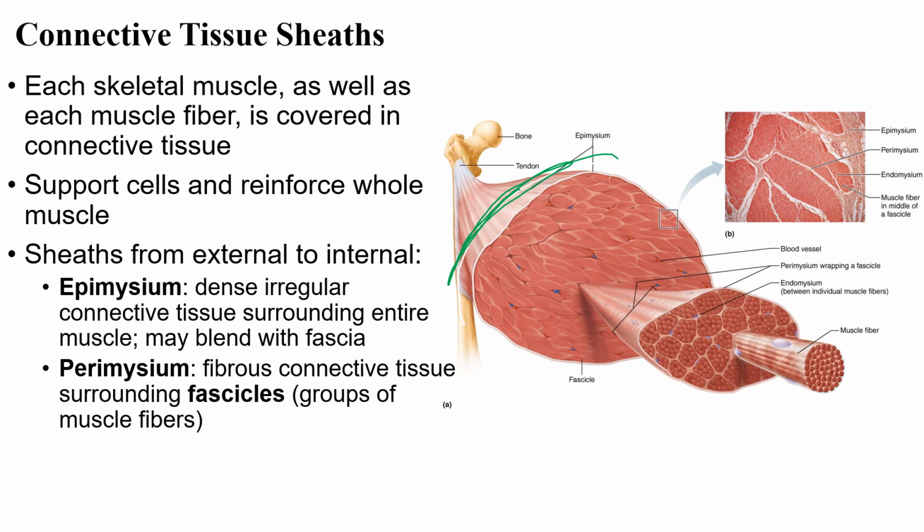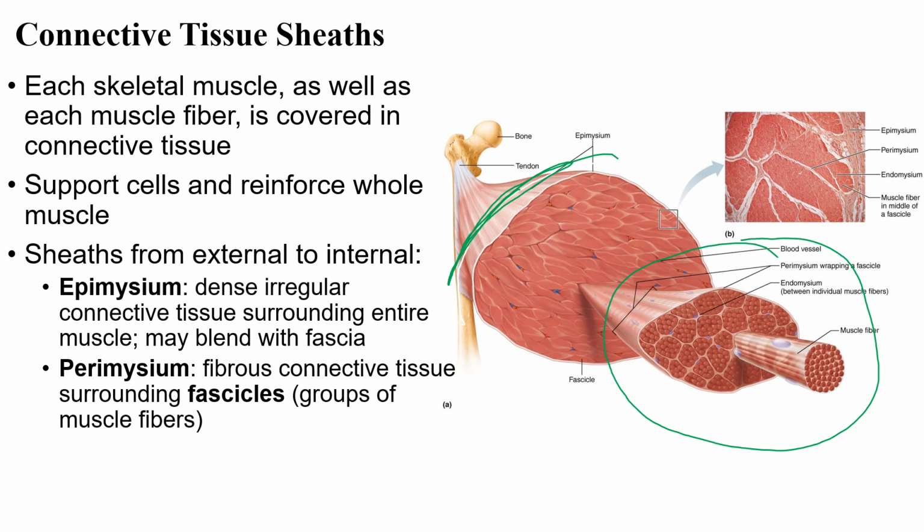And then if we look at what we're going to call a fascicle, so this is kind of one area right here. This is going to be part of the muscle. The fascicle is going to be surrounded by the perimysium. Okay, so epimysium kind of surrounds the entire muscle organ, and then we have perimysium, which is going to be around this thing called the fascicle.